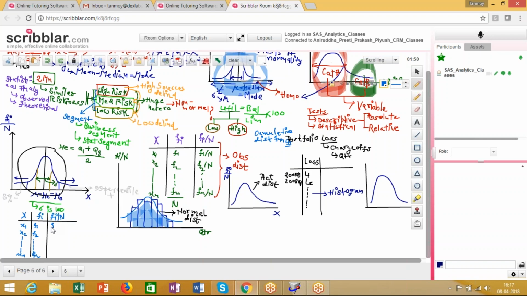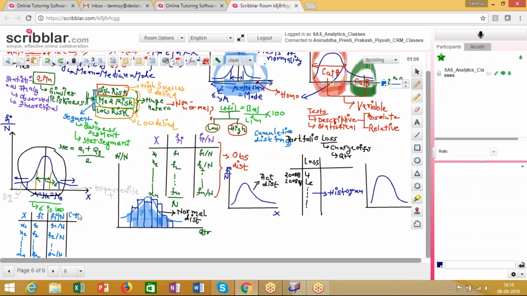Over here, what I have is f1 by n, the relative frequency f2 by n, up to fn by n, right? Then what we have is the cumulative distribution function, that is CF.